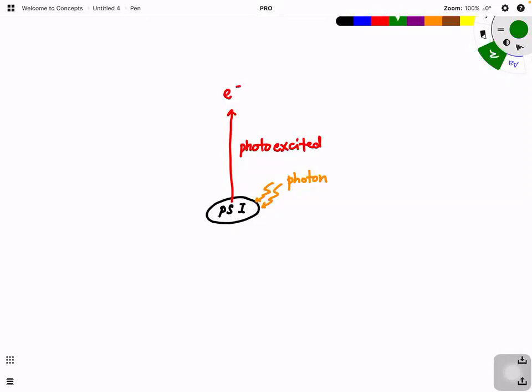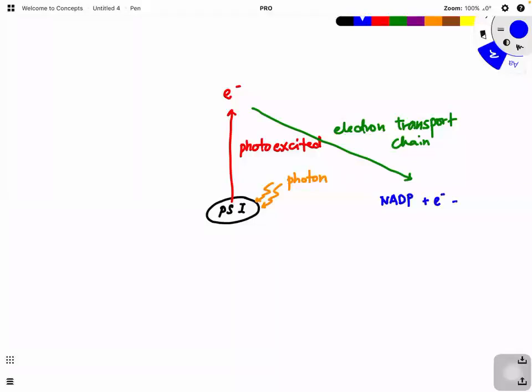Then this electron goes through a series of electron carriers, the electron transport chain, and is finally received by NADP. NADP together with the electron and the proton forms reduced NADP.